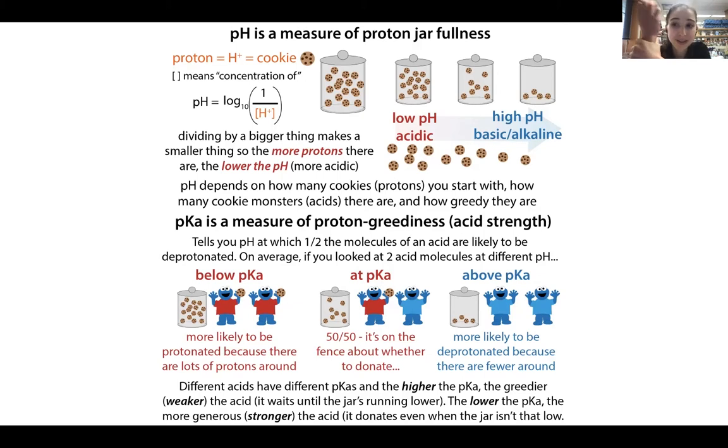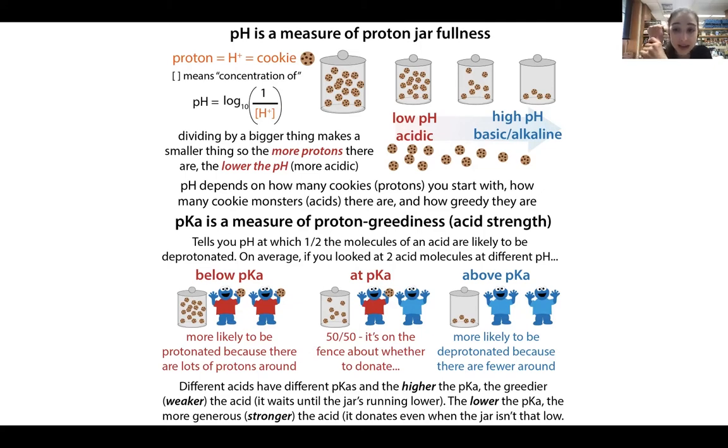So if I donate a cookie, there's plenty to take right back. So if you are below the pKa, that means you have more protons, remember, more cookies. So the cookie jar is more full. If the cookie jar is really full, you're more likely to find it protonated. So below the pKa, an acid is more likely to be in its protonated form.